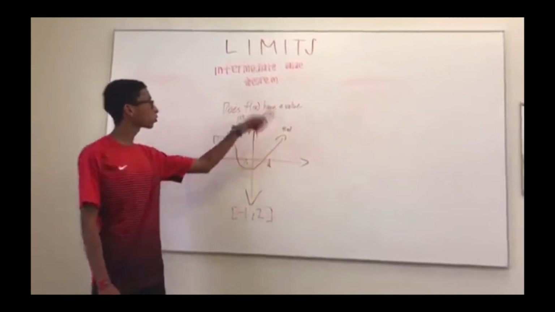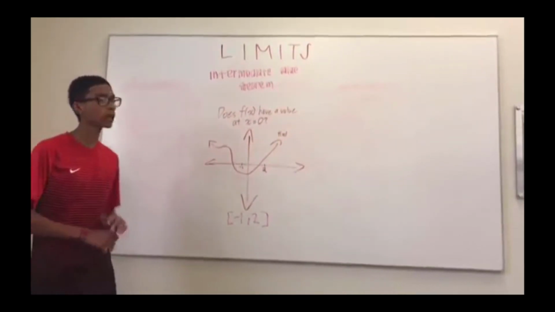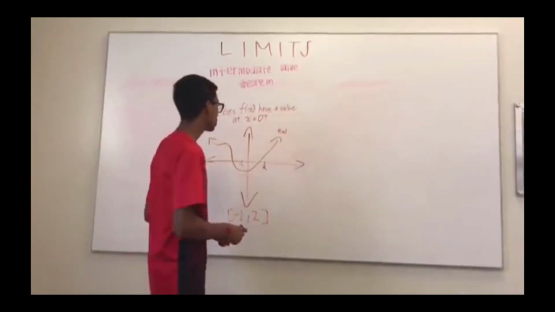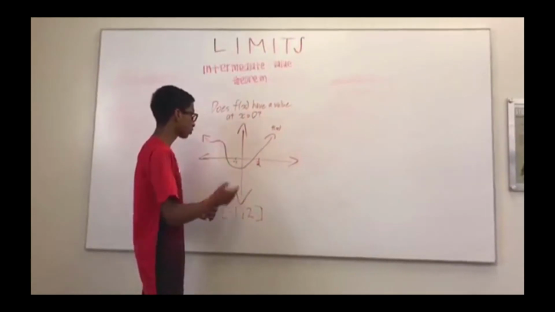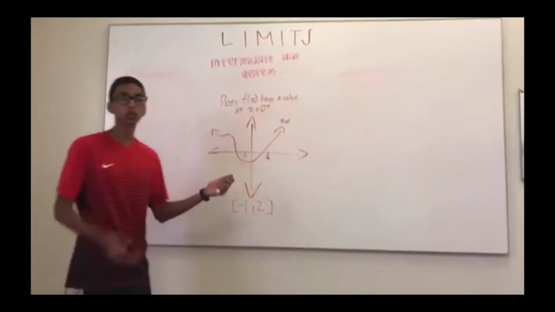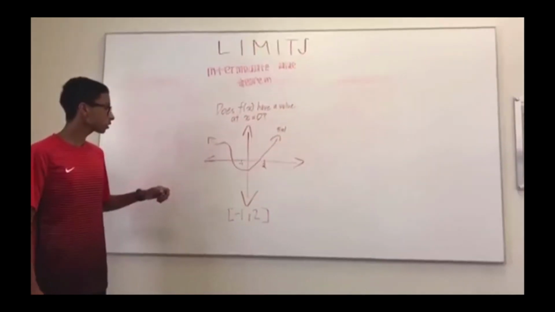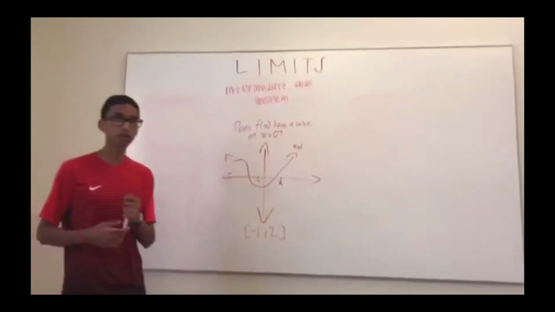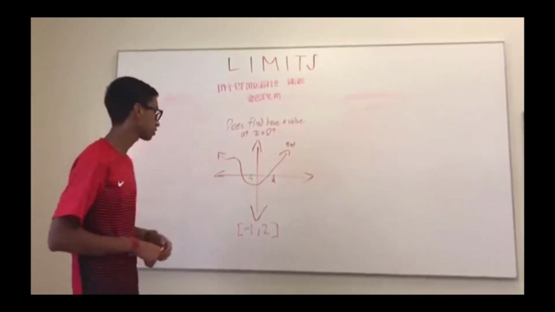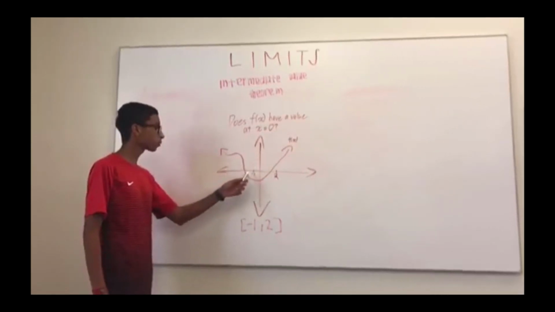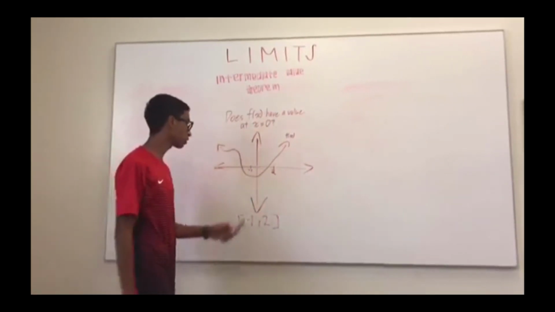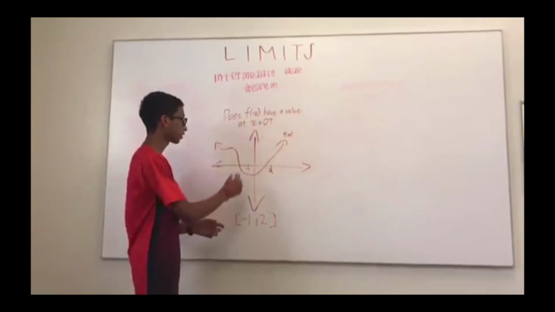So for example, we have a question that asks, does f of x have a value at x equals 0? We wouldn't know just by looking at this graph, although you can tell it does, but we know for sure that it has at least one value at x equals 0. Because if we take the x value -1, we see that the y value is a negative number.